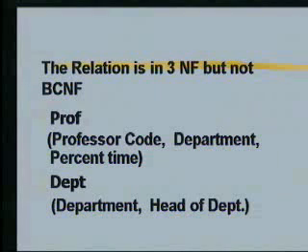And once again, what we have to do is decomposition. This is what the decomposition happens to be. Professor code, department and percentage time are kept in one relation, and we separate out department and HOD. By this decomposition, we are basically trying to ensure that our relation is in BCNF and that we do not have the problems associated with redundancy, insertion anomaly as well as deletion anomaly.